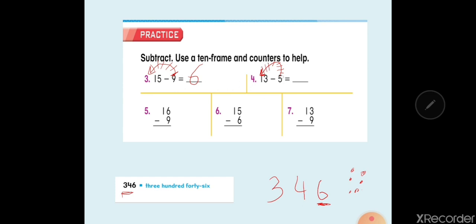How many fingers did you open? Count your fingers. 8. Amazing. How do you check your answer? You will walk in this direction. You will put these two numbers together, 8 and 5, 13. Yes, my answer is correct.